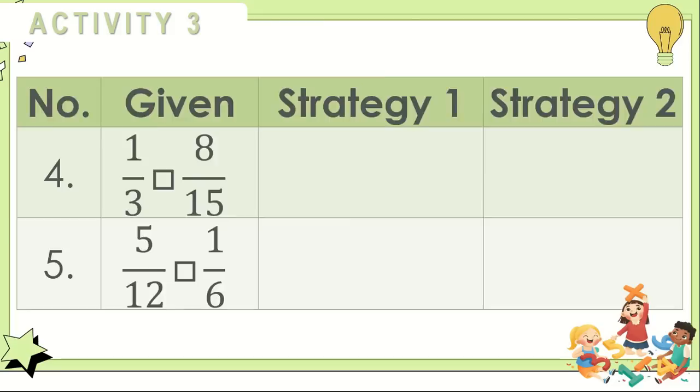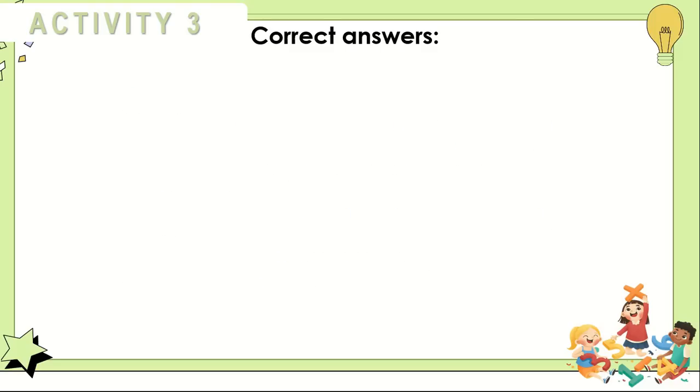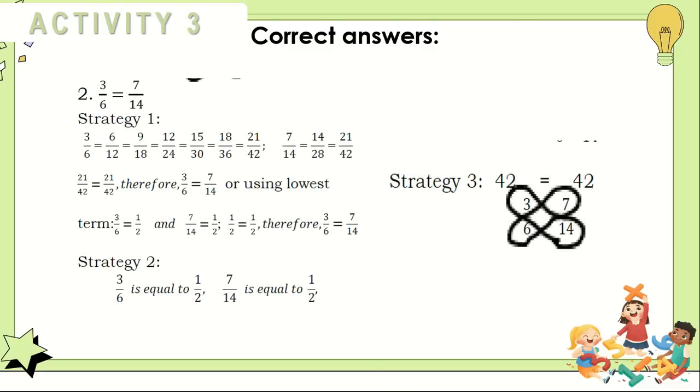Let us now answer. For number 1, 3/4 is greater than 1/5. Number 2, 3/6 is equal to 7/14.